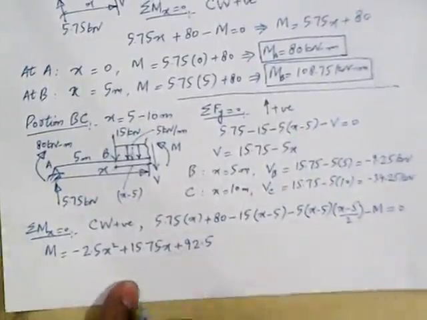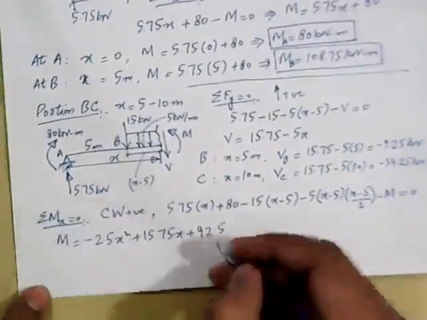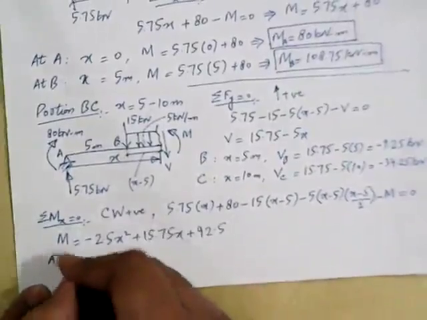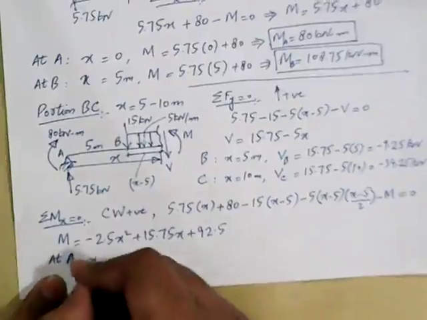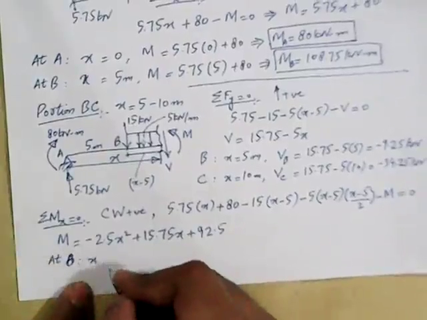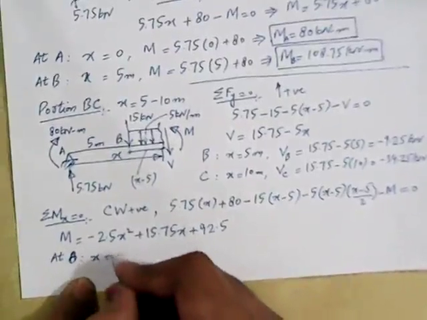Now we can calculate the value of moment for points B and C. At B, we are in portion BC, so x is equal to 5 meters.